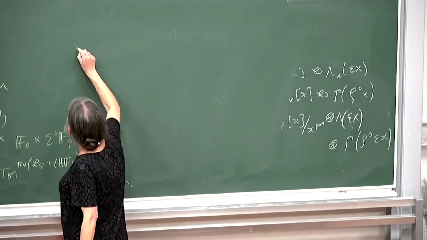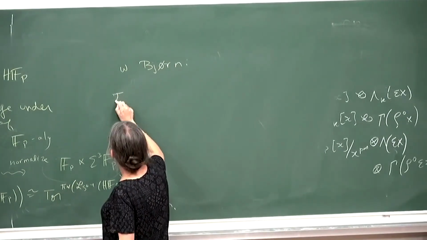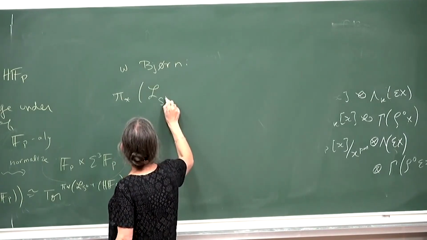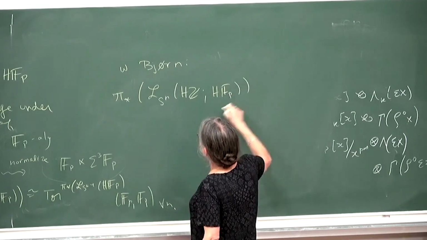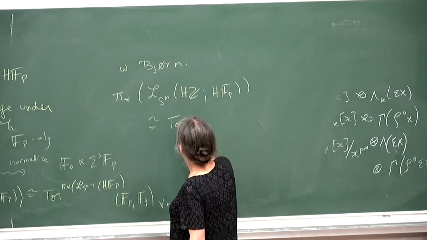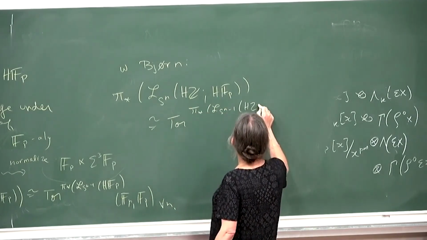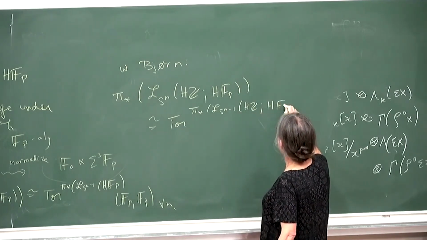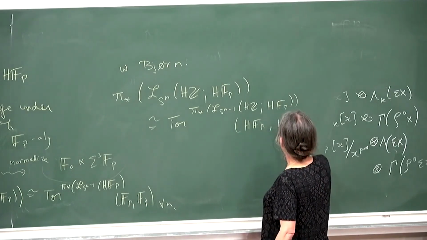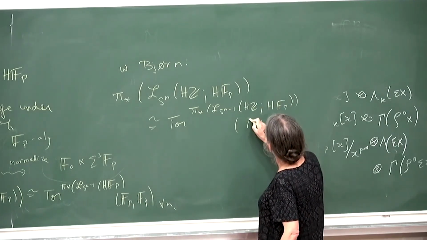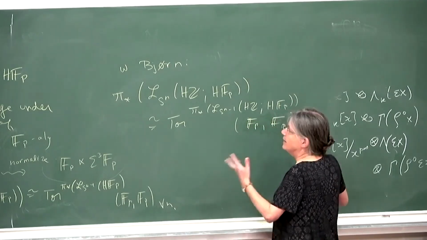So with Bjørn, we also calculated that pi of LSN of HZ with coefficients in HFP is isomorphic to Tor of pi of LSN minus 1 of HZ with coefficients in HFP over FP, for all n, and that was a new thing.